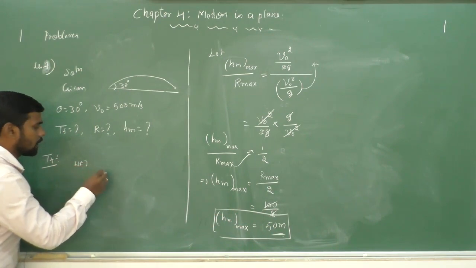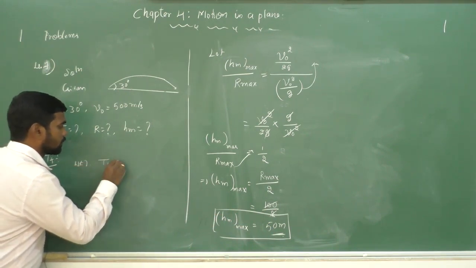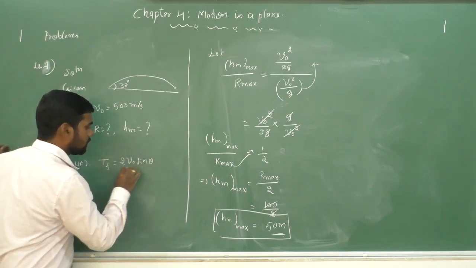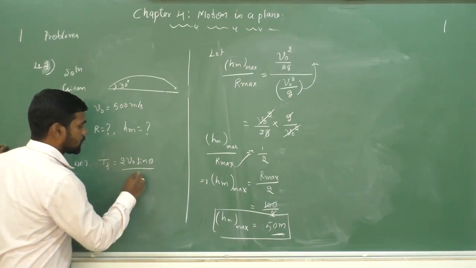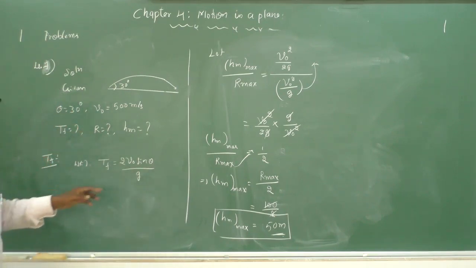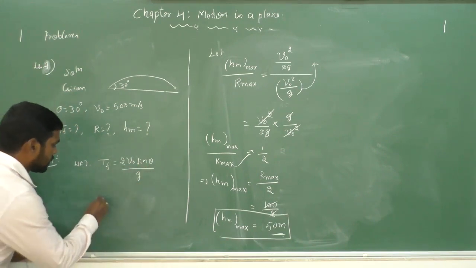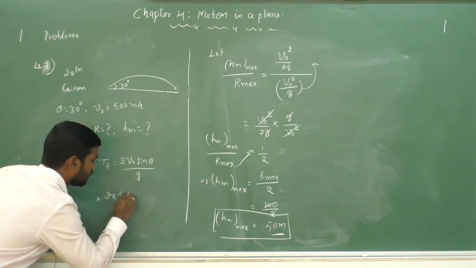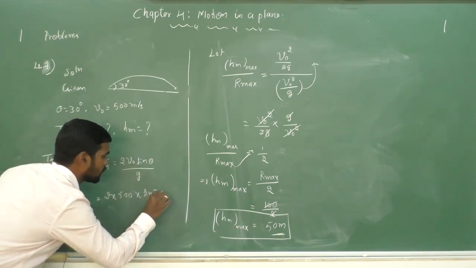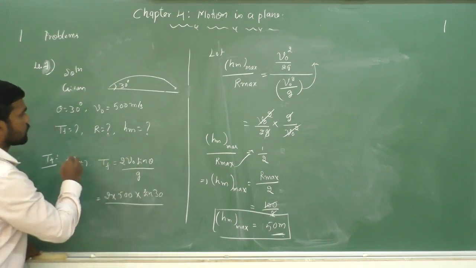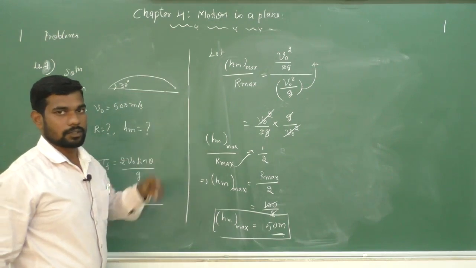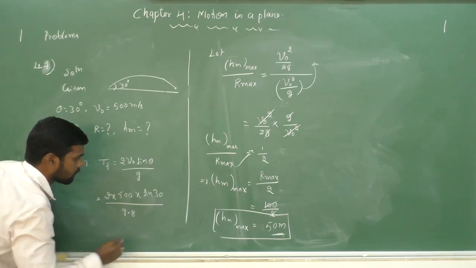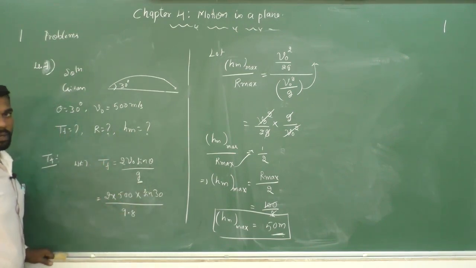We know that TF is given by 2 V naught sin theta divided by G. So substitute your values: 2 into V naught, which is 500, into sin 30 degree, divided by G. What is the G value here? G value is 9.8. Just substitute.